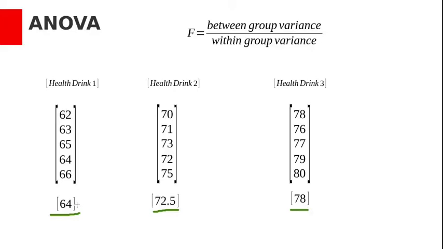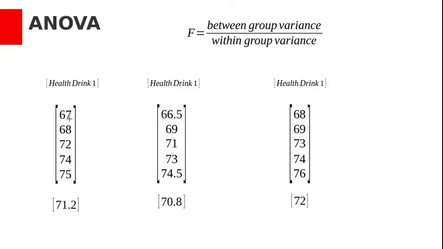Here the difference between groups is more when compared with the variation within group. Group to group variation is more, but within group variation is small. So we can say that this health drink affects the baby's height.